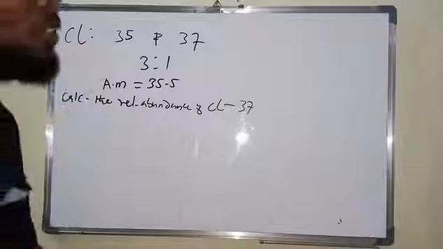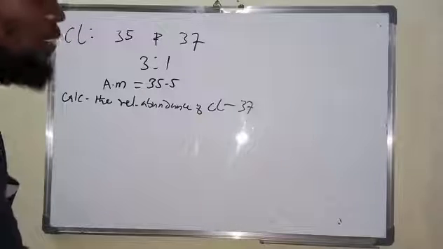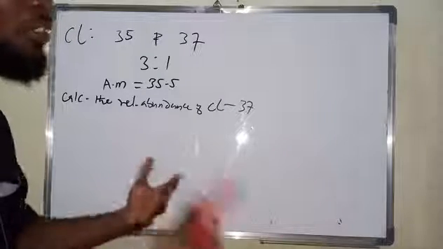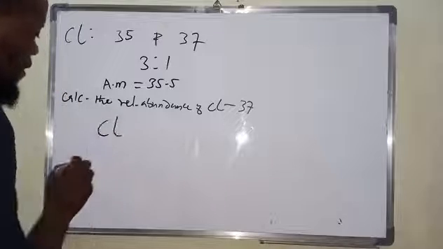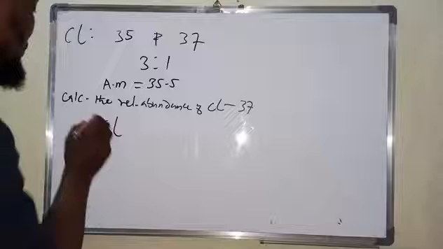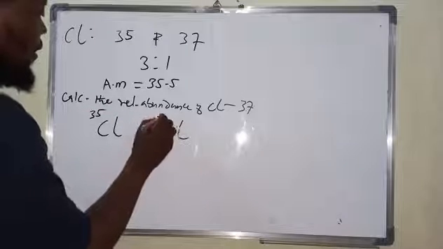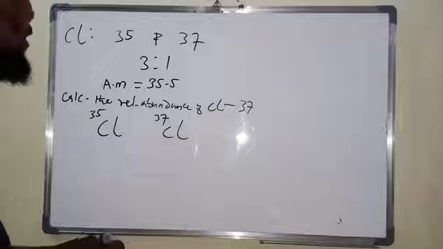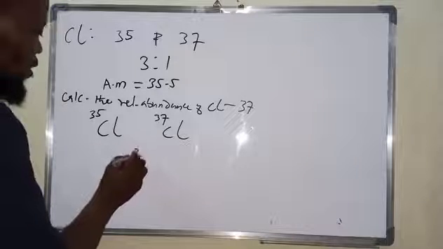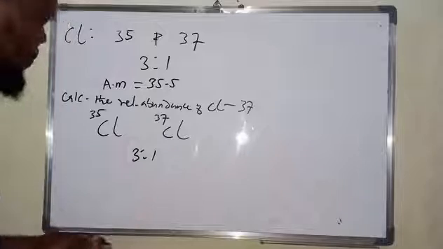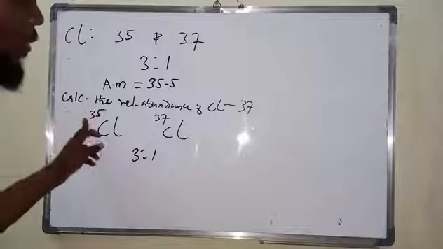So we already know what isotopes are. They are atoms of the same element, of course, having the same atomic number but different mass numbers. So what they are saying is that chlorine comprises two isotopes, one with a mass of 35, another with a mass of 37. And the ratio of the abundance is 3 to 1, which means chlorine 35 is more abundant.